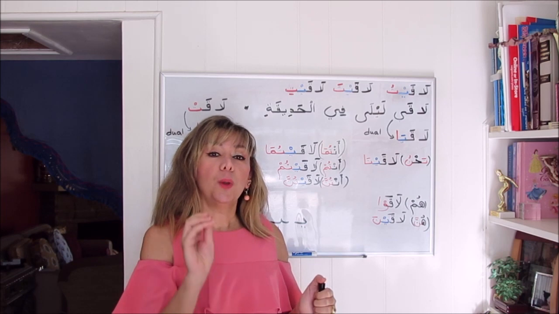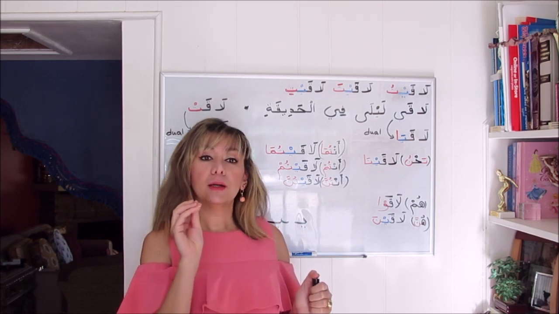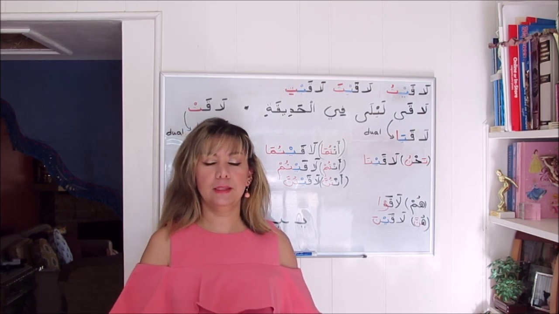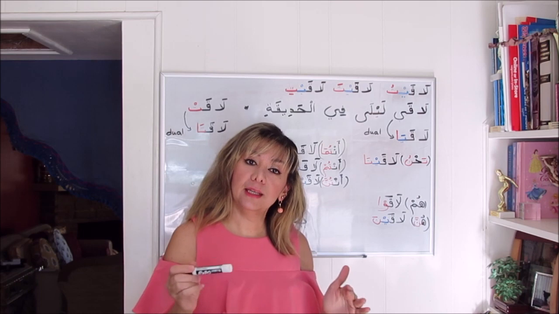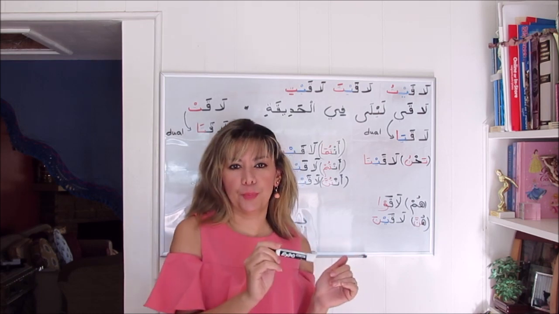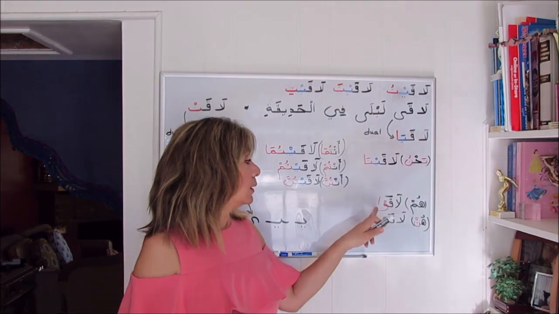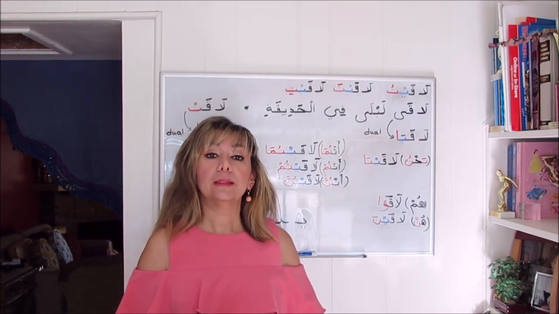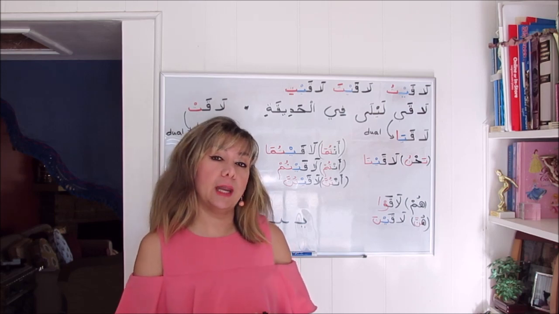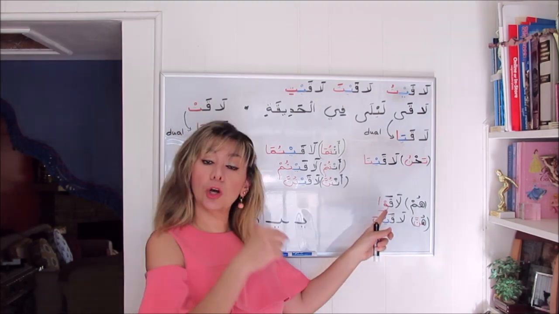But we have to distinguish it from the original alif. What does it mean, the original alif? The one that is part of the verb as the third radical. So this alif is called the distinguishing alif that accompanies the collective waw.